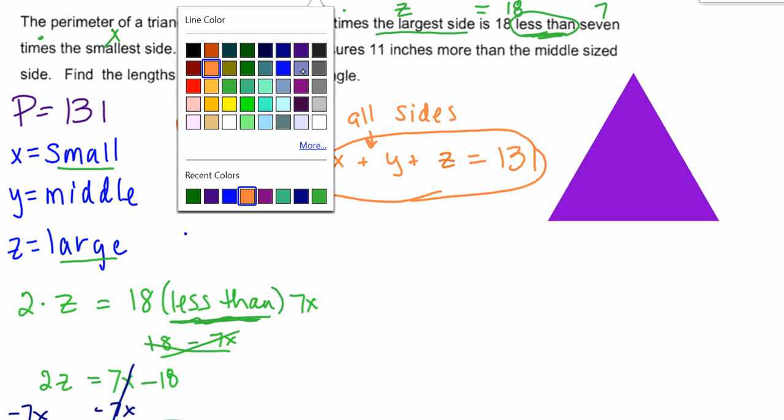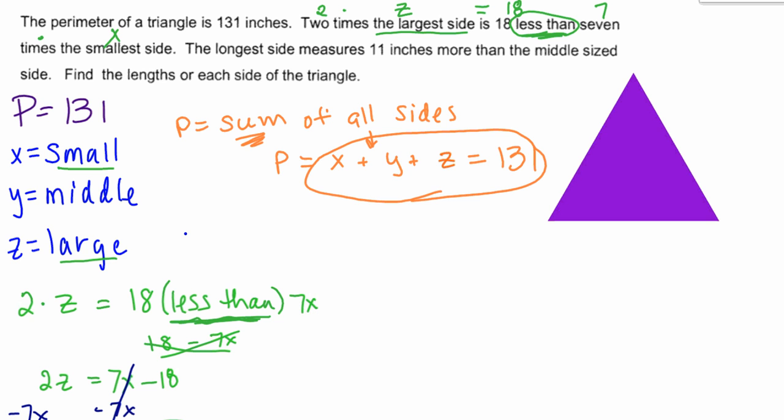Imagine that. Okay, let's go with some dark yellow here, a little mustard. Let's see, it says the longest side, we decided that was z, measures, now that one's a little bit tricky, but it's in the place of is, 11 more than, plus, the middle-sized, that was y.